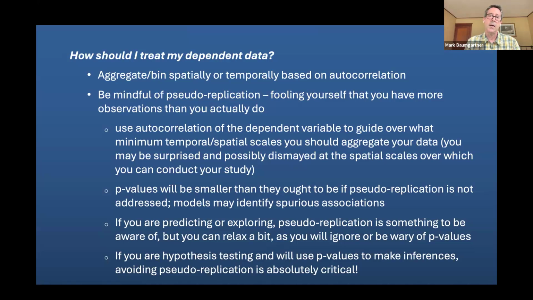And so we're going to use this autocorrelation idea to guide over what minimum temporal or spatial scales you should be aggregating your data. If you don't do this, and you're interested in interpreting the p-values that come out of whatever model you're using, you have this pseudo-replication problem. Your p-values are just not going to be accurate. They're going to be smaller than they ought to be, and you're going to get fooled by this.